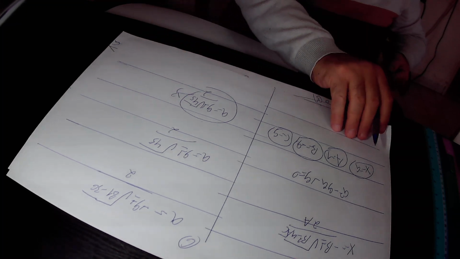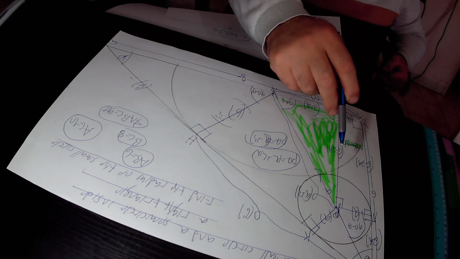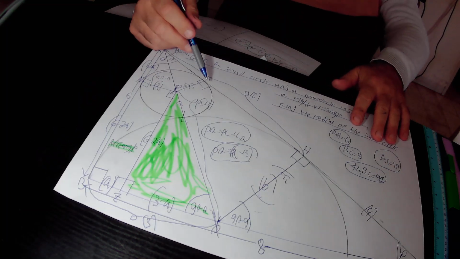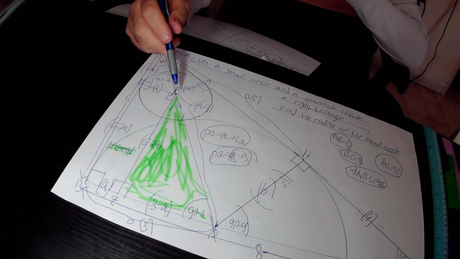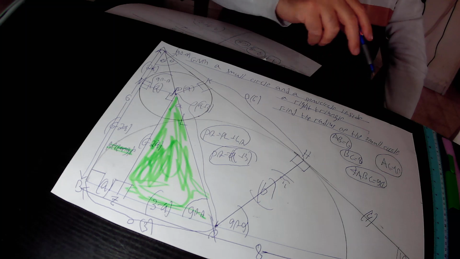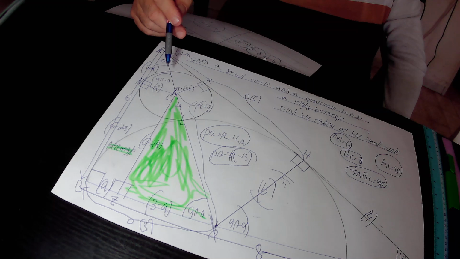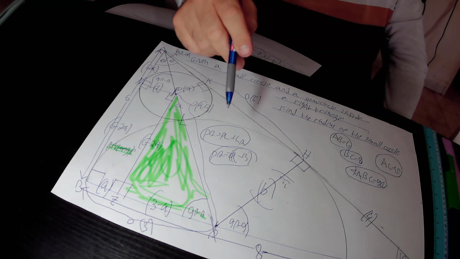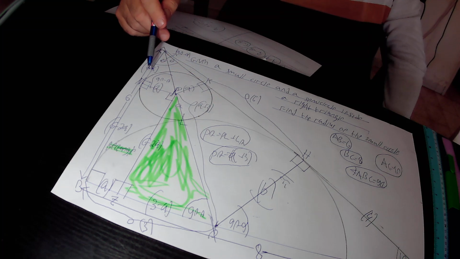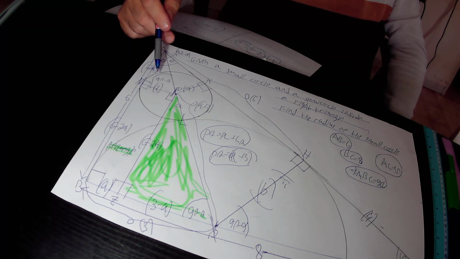So according to the first solution for a, the radius a of this small circle is greater than 3 units. But it is impossible that the radius a of this small circle is greater than 3 units, because the radius of this big semicircle equals 3 units. The big semicircle is definitely greater than the small circle, and therefore the radius of the big semicircle, which equals 3, must be greater than the radius of this small circle, and therefore the radius a of this small circle must be less than 3.